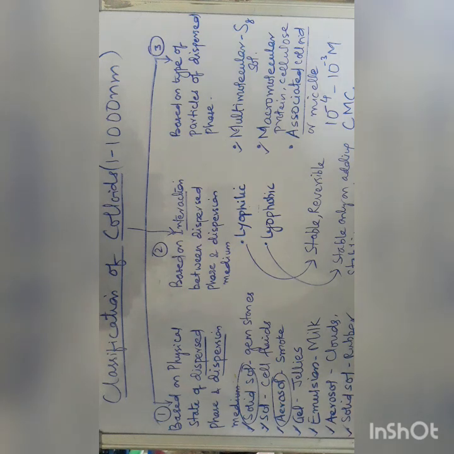So this concentration of a colloid where the aggregation of particles of dispersed phase takes place and it behaves as associated colloid is known as critical micelle concentration. Again, if you dilute the solution, it will behave as a true solution and it will be highly conducting.